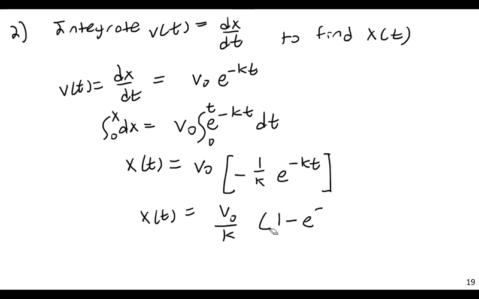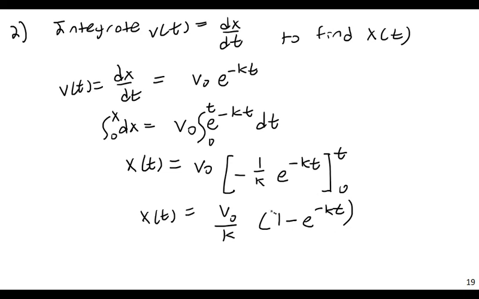Oh wait, sorry, actually that's probably not quite right here. I need to evaluate this from 0 to t. Sorry about that. And the final result would be 1 minus e to the negative kt, like so. Okay.